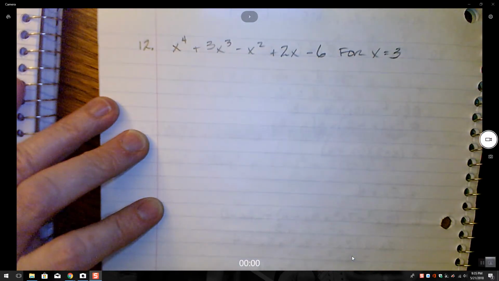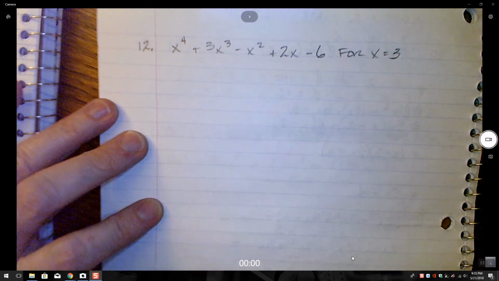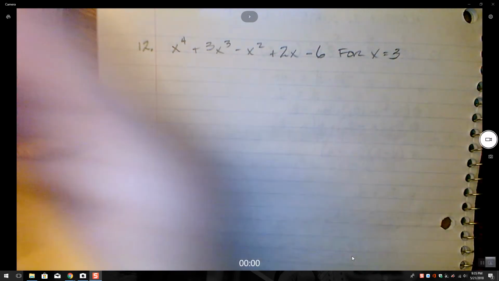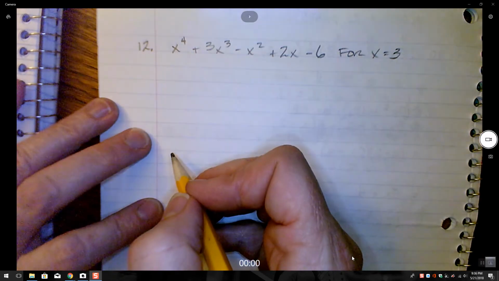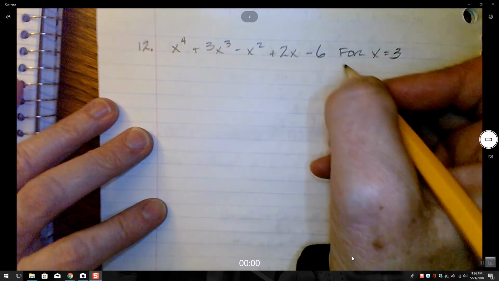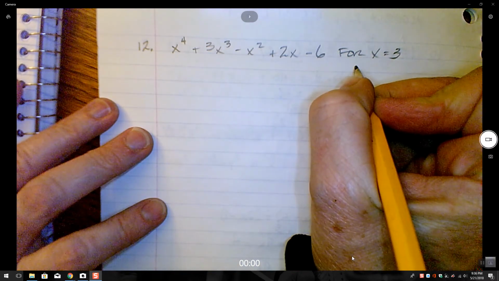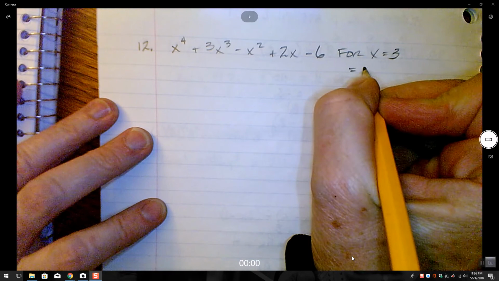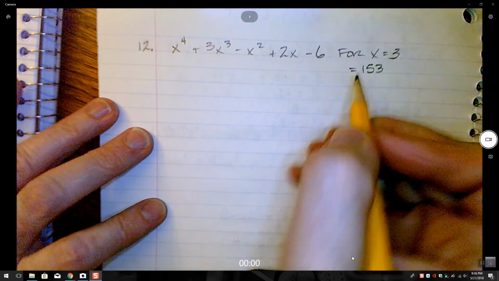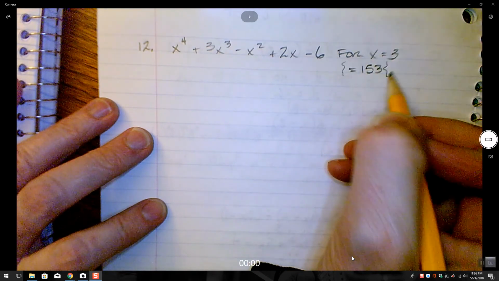Now, you could just sub in 3 for every x everywhere, and you would get 153. Knowing that, you could check to make sure that you did the synthetic substitution correctly, but we know it's really going to end up being 153. So we'll just set that aside, keep that in mind.